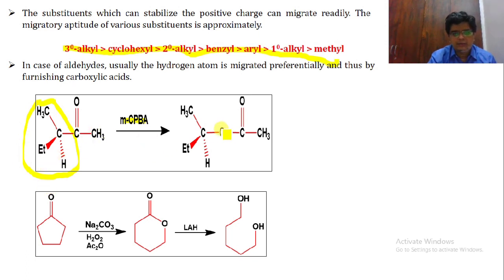Whatever happens, here we are inserting this oxygen, by the removal of the acid molecule. So this insertion of oxygen will not disturb any stereochemistry of this molecule. It will remain as it is. So that is why MCPBA is very important from the point of view of stereochemistry.